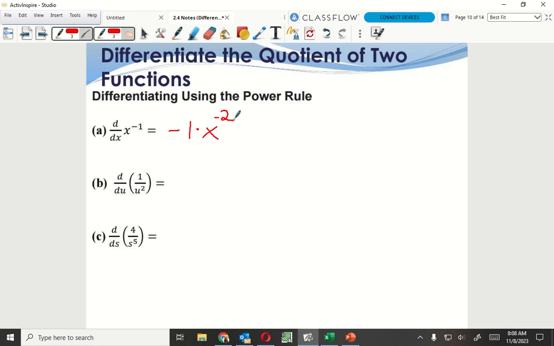So when it moves to the denominator, that's going to negate it, so it's going to change the sign, so that's going to be a positive x squared down here. And what's still left on top? Negative 1.